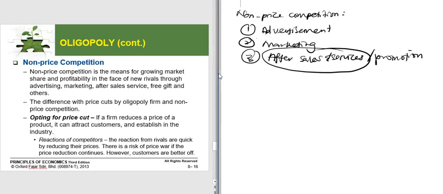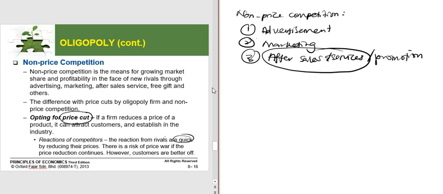So now we want to differentiate between price competition and non-price competition. Price competition means when one firm is cutting or reducing their price. What is the impact? The reaction from the competitors or rivals will be very quick.